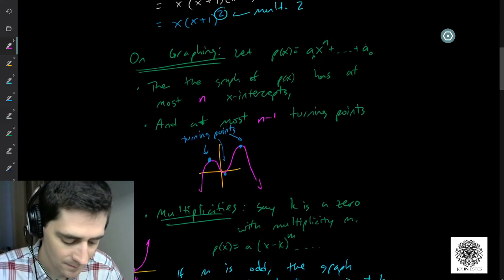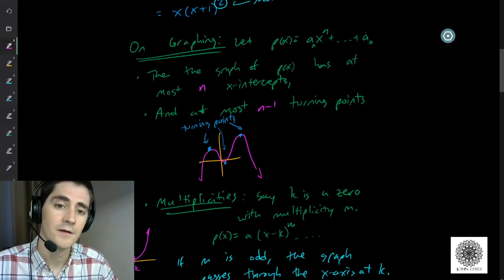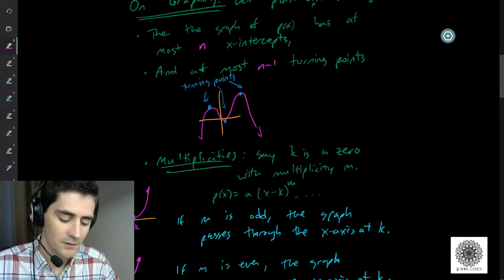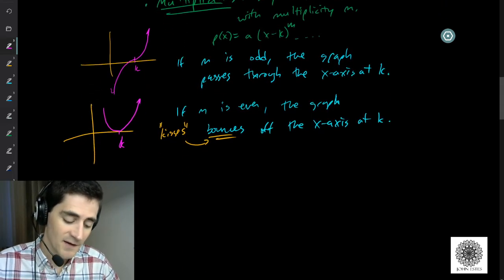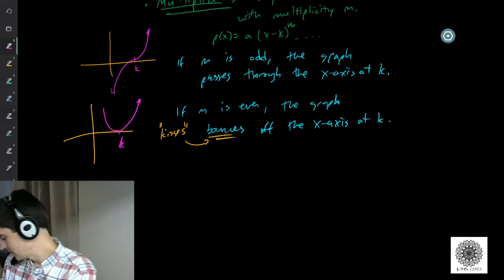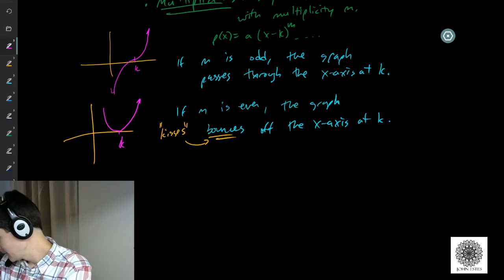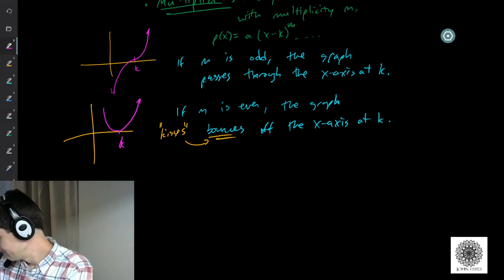So now we know that just based off the degree, we know at most how many intercepts we're going to have. We know at most how many turning points we can have. And we know if it's factored, we know exactly how the multiplicities affect the graph. Okay, so based off this, I think we can figure out how to graph.